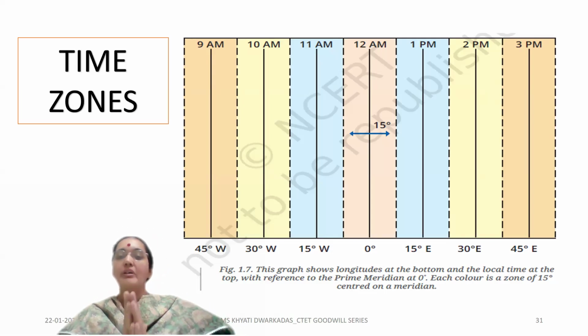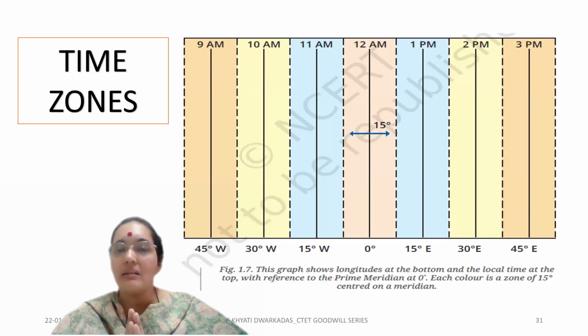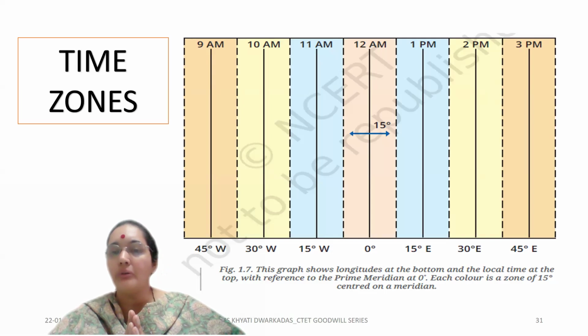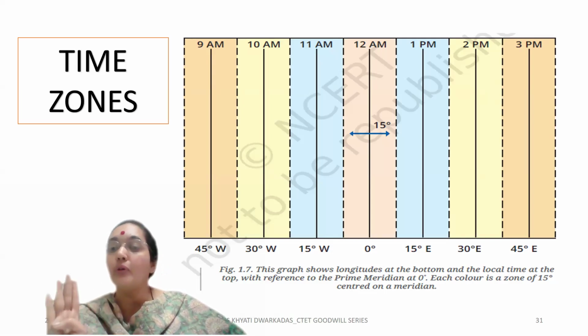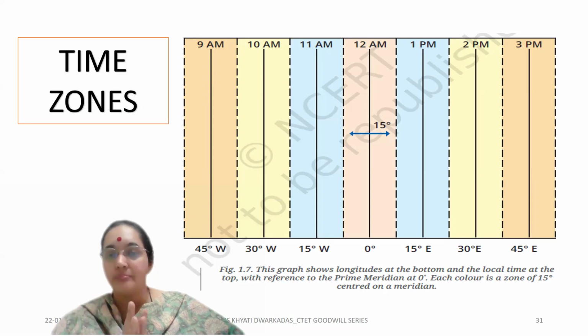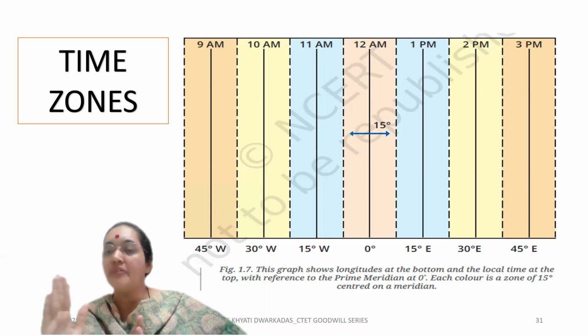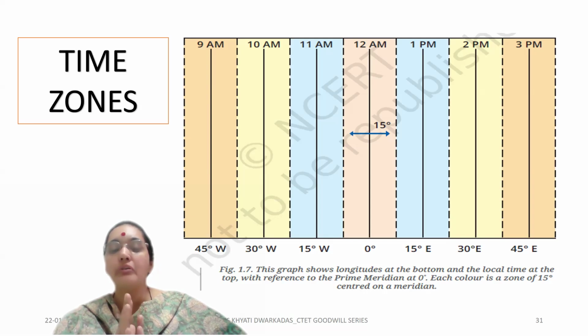So if it is 12 o'clock in one place at one point in time, at one longitude, as you go right, the time will differ. Every 1 degree of longitude equals 4 minutes of time. If you move 15 degrees of longitude, you increase 15 into 4, 60 minutes or 1 hour of time.